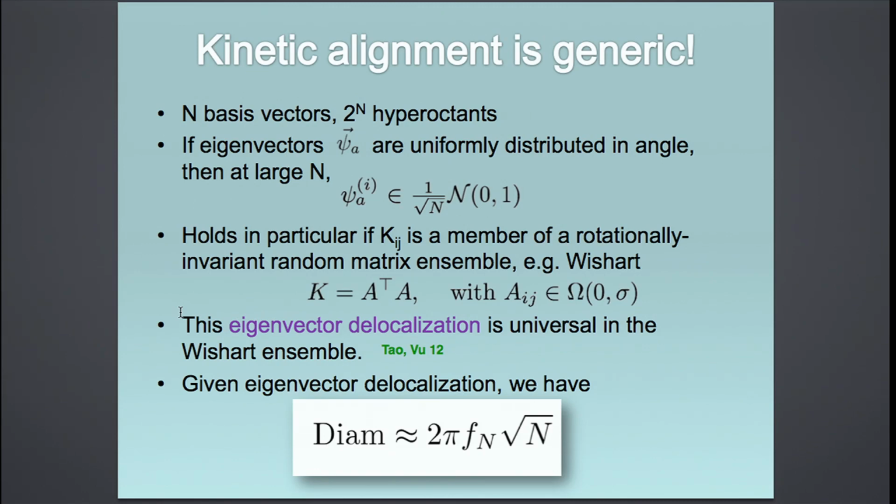Eigenvector delocalization is just the statement that the eigenvectors, to good approximation, have components that go like 1 over square root of n times something that's order 1. So this fact is generally checkable.